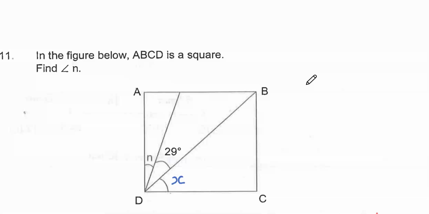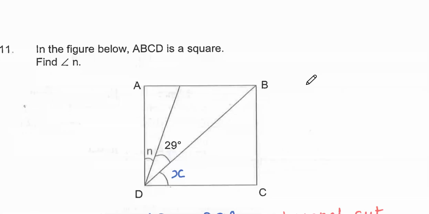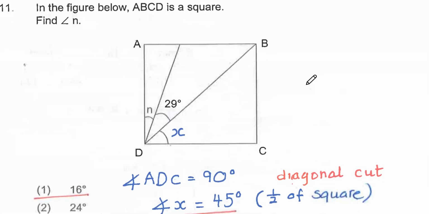In the figure below, ABCD is a square. Find n. Alright, take a look. ABCD is a square. If this is a square, it means all angles are 90 degrees. So the angle ADC, D is the angle in question, is 90 degrees.